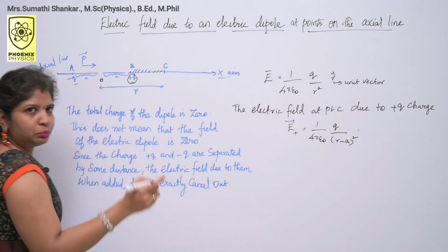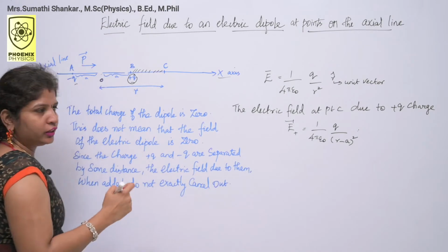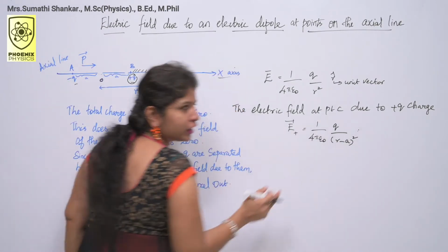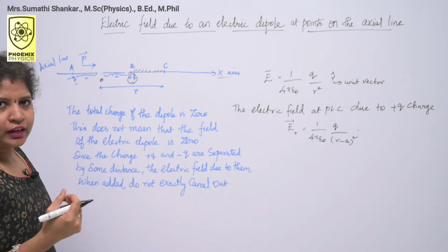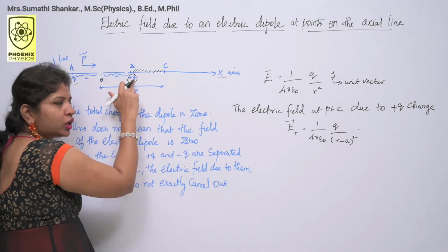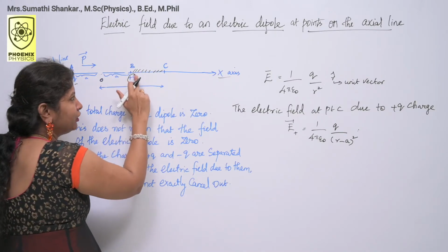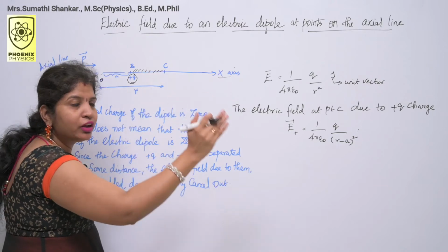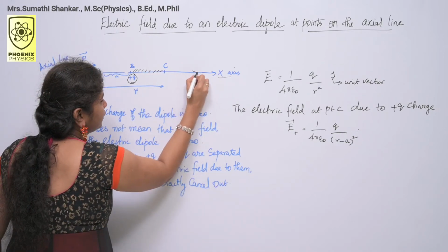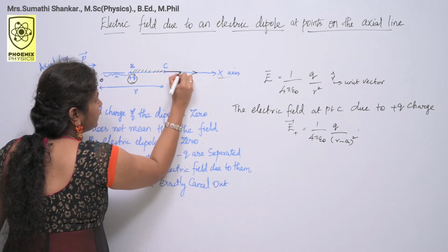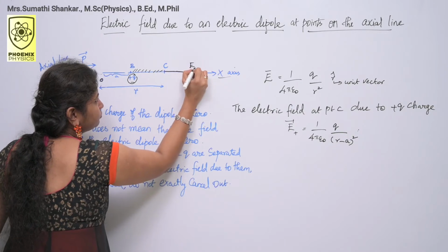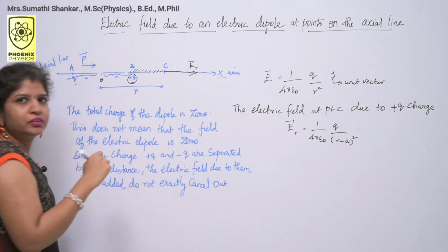What about the direction? Because E is a vector quantity, this term gives only the scalar value. What about the direction? If the source charge is positive, the electric field points away from the charge like this. So this is my E plus direction. How did I mark this electric field?